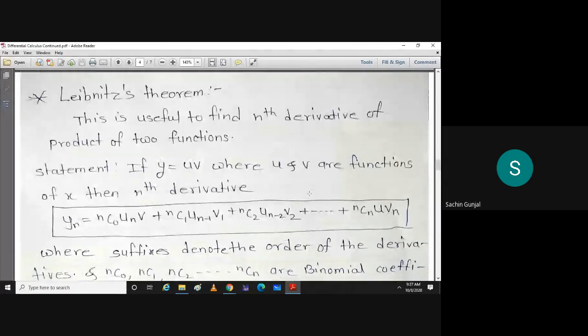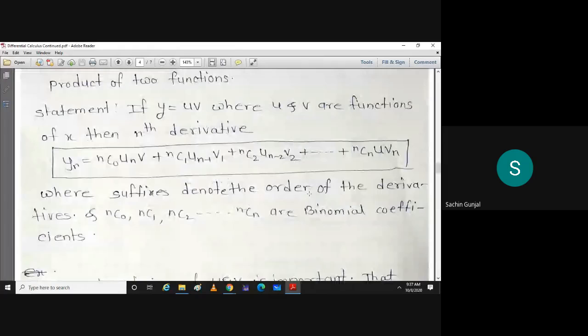And these nCr are the binomial coefficients. So nC0 is 1, nC1 is n, nC2 is n into n minus 1 upon 2 factorial, nC3 is n into n minus 1 into n minus 2 upon 3 factorial, and so on.